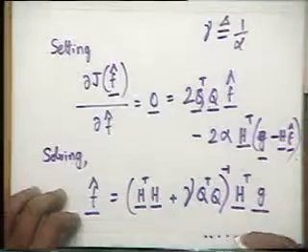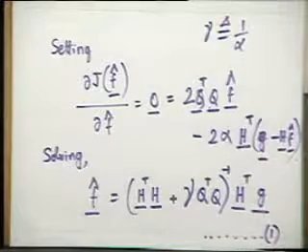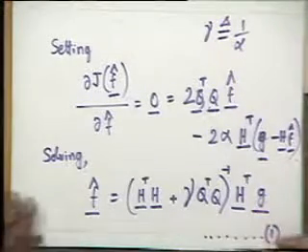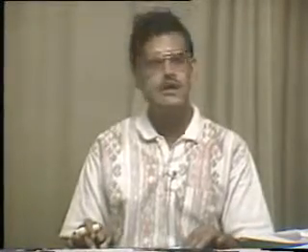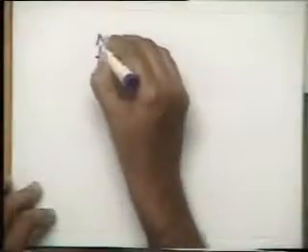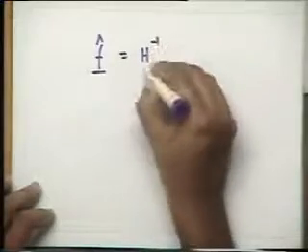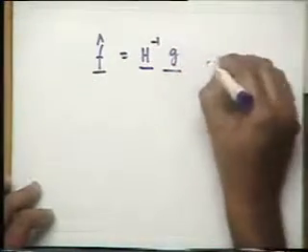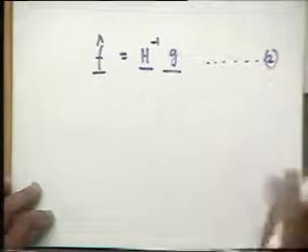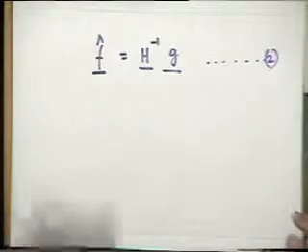Let us call this equation number 1, and this is the equation we are getting for constrained restoration. For unconstrained, what we got was very simple: f hat equal to simply H inverse g. We are calling this equation number 2. Now if we proceed with equation number 2, we will get the inverse filter, and this we already discussed.